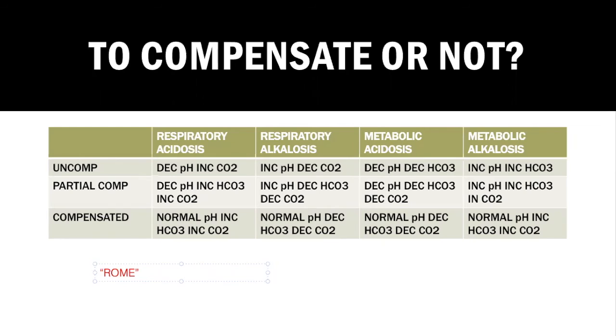So with respiratory acidosis, we have a decrease in pH and we have an increase in our carbon dioxide. Okay, and that's uncompensation. Respiratory alkalosis, uncompensated, it's going to be the opposite. We're going to have an increase in our pH, and we're going to have a decrease in our carbon dioxide.